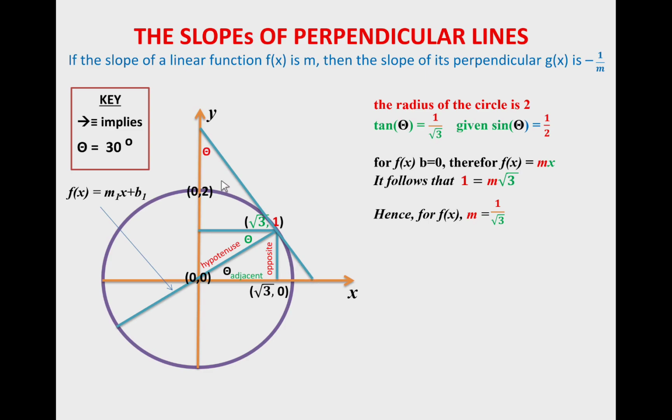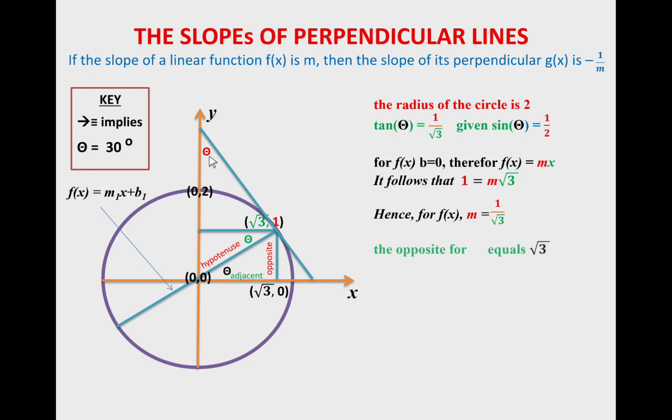So the angle between this line and the y-axis is equal to theta, for the simple reason that if we look at the point square root of 3, 1, the angle is 90 degrees, because this line and this line are perpendicular. So if this is theta, this will be 90 minus theta. But this is a right angle triangle, so if this is 90 minus theta and this is 90, this must be equal to theta.